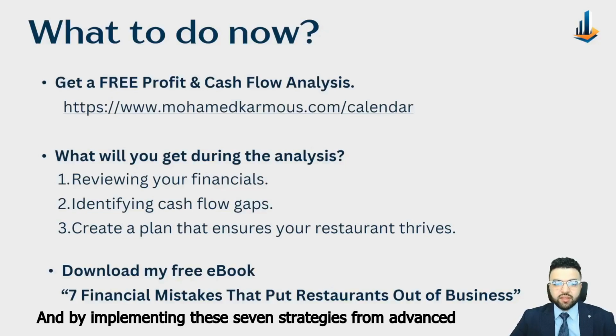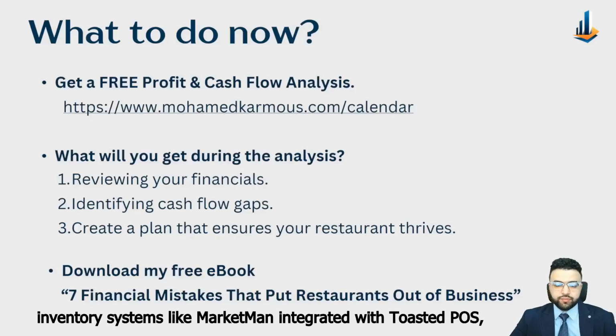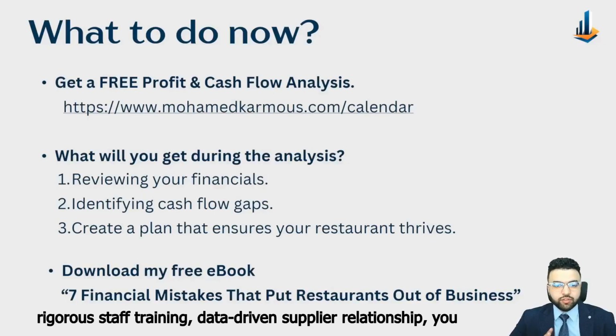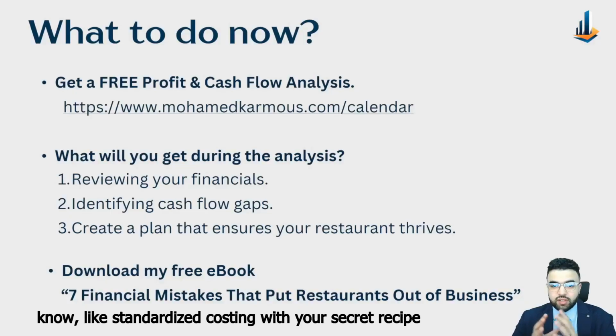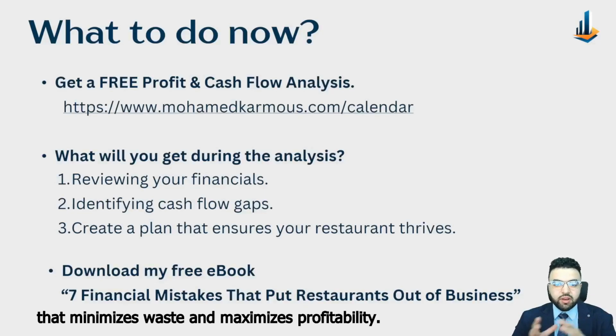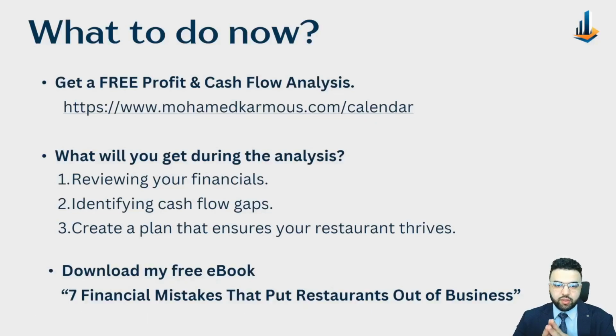And by implementing these 7 strategies, from advanced inventory systems like MarketMan integrated with Toast POS, for example, regular cycle counts, a streamlined menu, rigorous staff training, data-driven supplier relationships, standardized costing with your secret recipe, and continuous monitoring, you build a robust framework that minimizes waste and maximizes profitability.